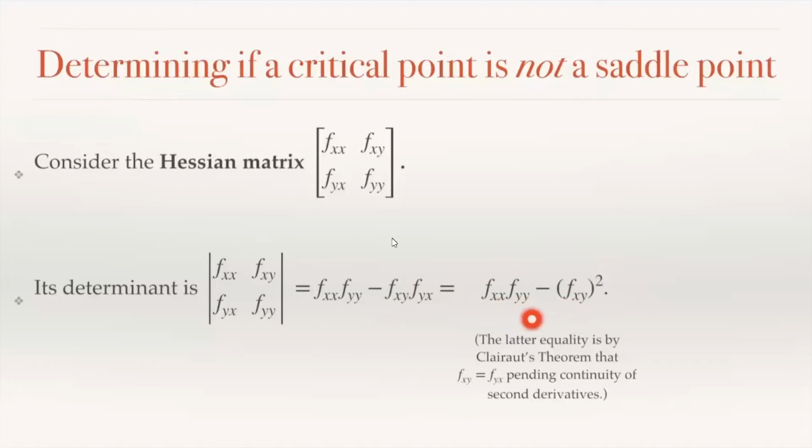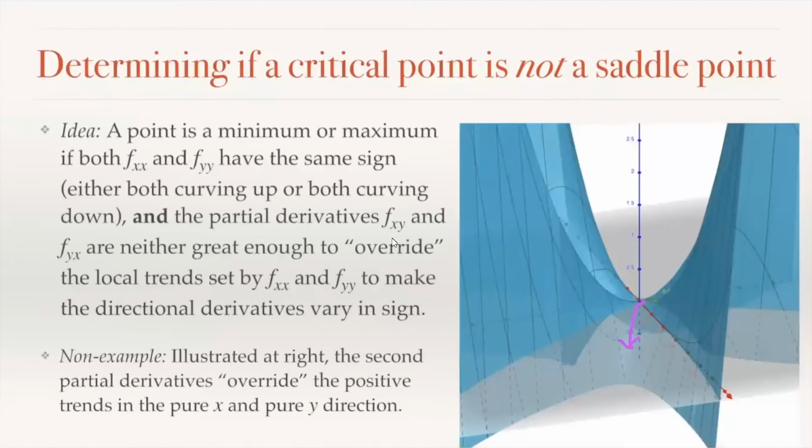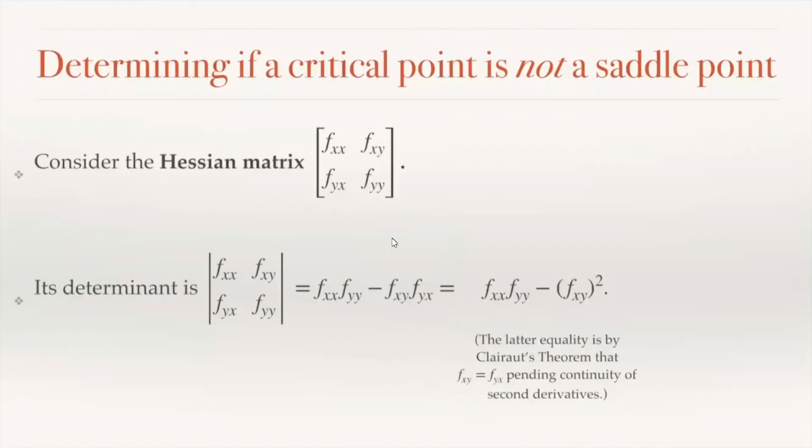So if this is negative, we'll be in the overriding case, and it will be a saddle point. While if this is positive, then the mixed ones aren't strong enough to override, and it will be a local minimum or maximum. Looking at this, f sub yx is the same as f sub xy by Clairaut's theorem, and by the definition of our determinant, we'll be considering the determinant of what's called the Hessian matrix.